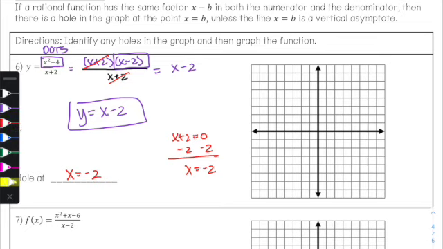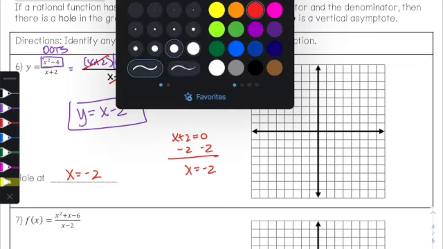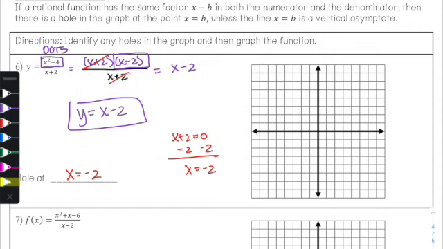Let's do it like this. Wherever my line is on this point right here, I'm going to have a hole there, meaning I'm going to have an open circle instead of a closed circle. And I'll show you what that looks like. So if we go ahead and graph this, I'm in y equals mx plus b. So I'm going to begin with b. B is negative 2. I'm going to move with m. My slope is positive 1. So in this direction, I have nothing to worry about.